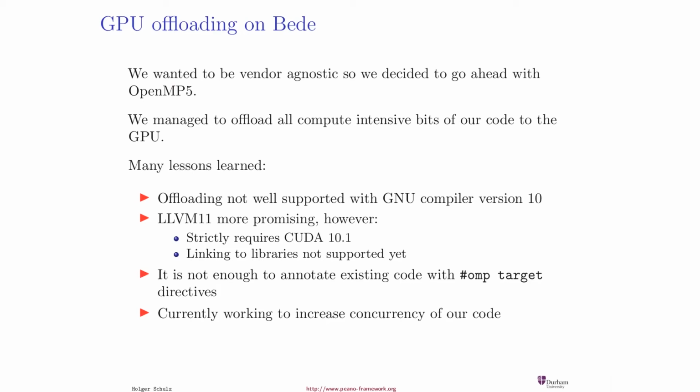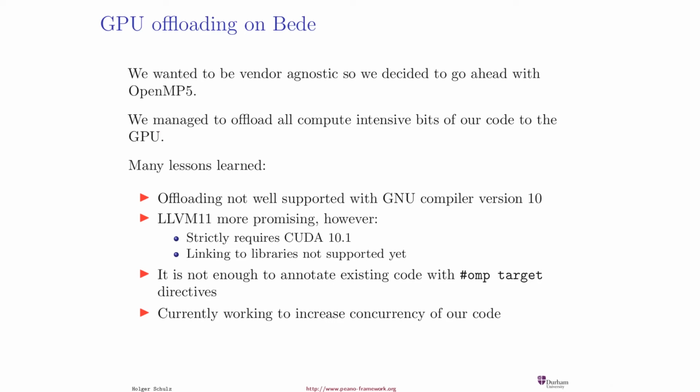So, many lessons learned in the process in the past few months. First and foremost, we started off with the GNU compiler because we were quite familiar with it, the latest one that is also available on Bede. It turns out the offloading with OpenMP is not that well supported, so there's lots of problems with that. So we switched gears and asked for LLVM 11 to be installed after some research on the internet, also with help from Nvidia.